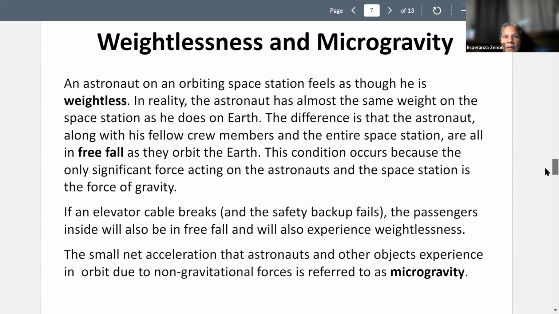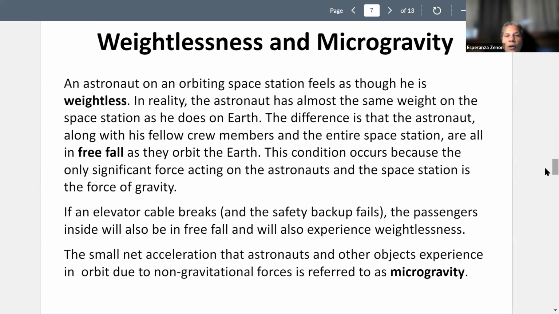Another area where this whole pull of gravity, this force of attraction between objects comes into play, is weightlessness. Now, weightlessness is just a feeling.